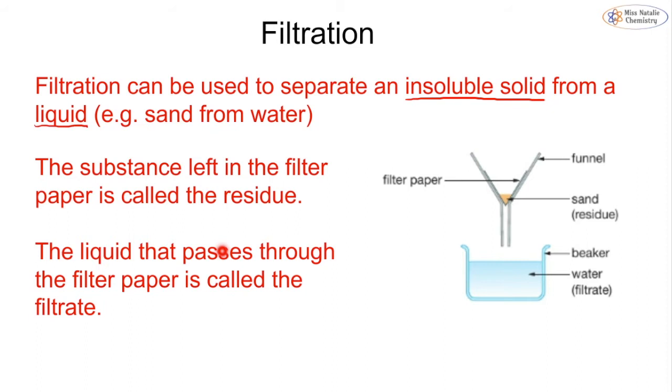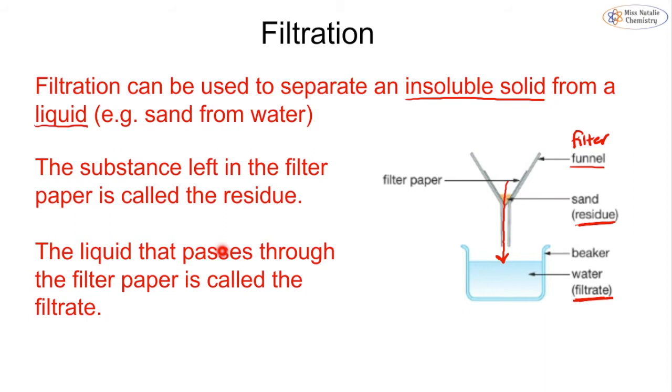So in your diagram, you've got your funnel, sometimes known as your filter funnel. You have filter paper inside that is there to catch the sand, and you then pour your mixture of water and sand through the filter. The water passes through and is known as the filtrate, and the sand is kept in the filter paper, and that is known as the residue.